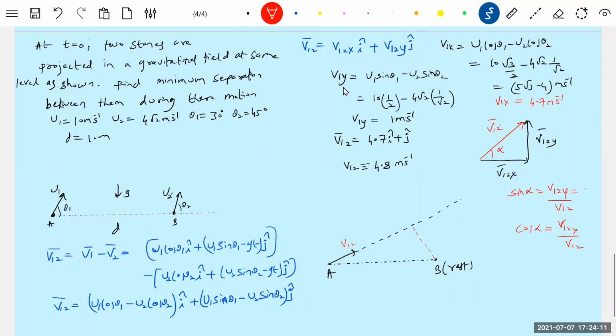This is the V12 bar, and this is alpha, because this alpha should be the same. Are you getting to know why we should give this velocity triangle importance? Because that alpha is needed. Now during the motion, when stone 1 moves with velocity V12 bar, stone B will appear at rest, and this will be the minimum separation.